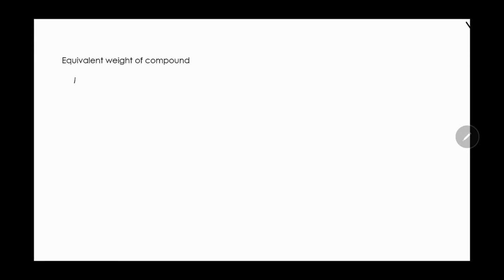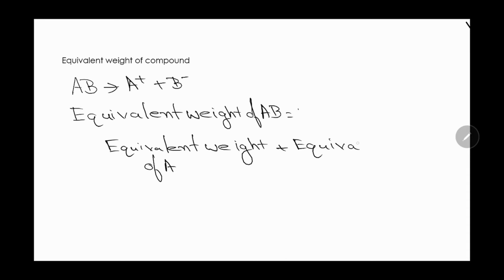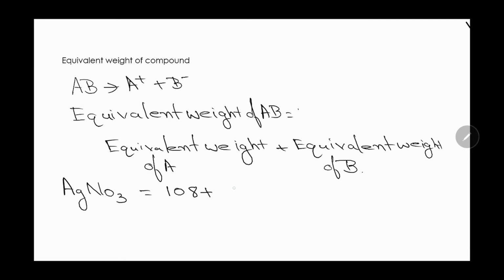So if we have a compound AB which can be broken into A plus and B minus ions or radicals, then the equivalent weight of AB equals equivalent weight of A plus equivalent weight of B. So the equivalent weight of, say, a compound like AgNO3 equals 108, which is the equivalent weight of Ag plus, and NO3 minus, the equivalent weight of NO3 minus we just found out, and it was 62. So the equivalent weight is 170.